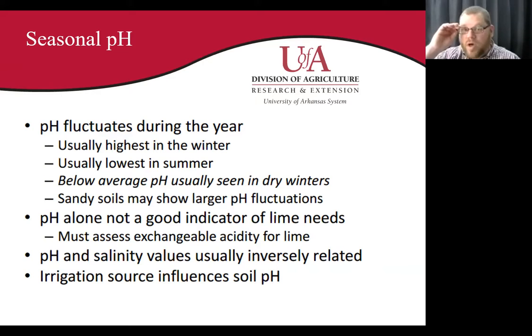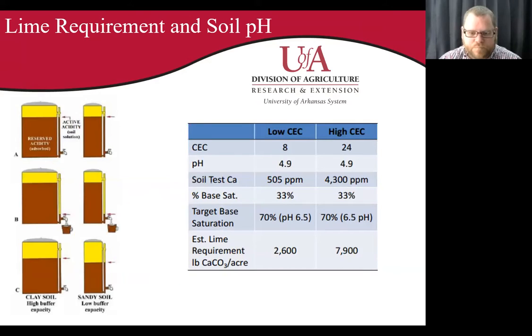If you're using well water, it would be a good idea to check the pH of that well water. If you're using water from an open source, a pond or a creek, again, we need to think about what is a pH that we're actually watering. If we're watering with acidic water for several years, it's going to change the pH.